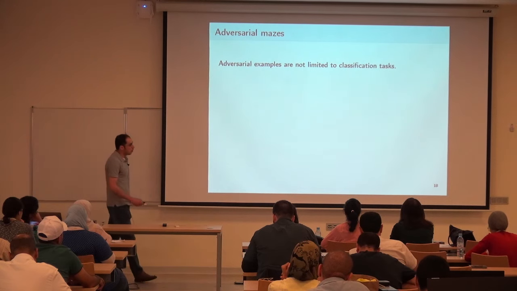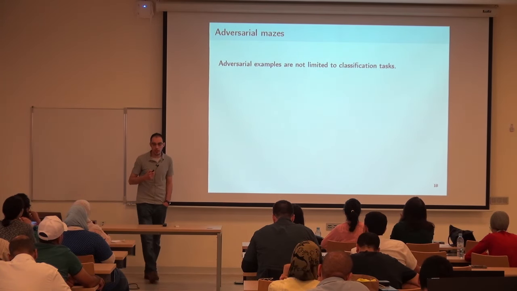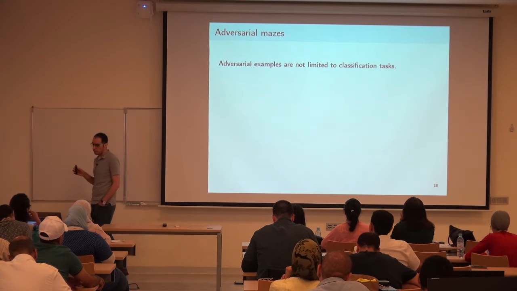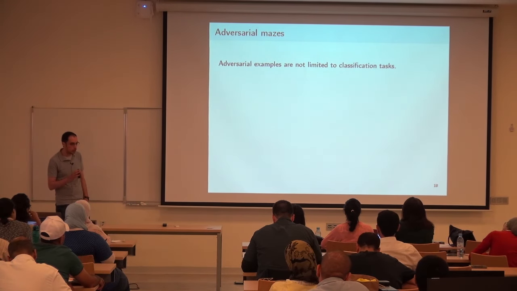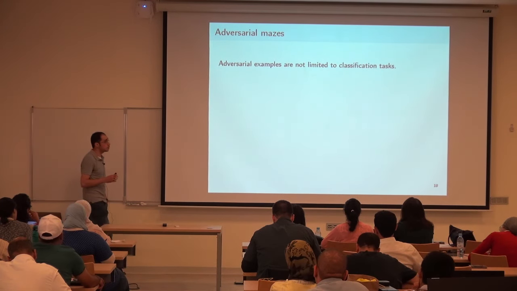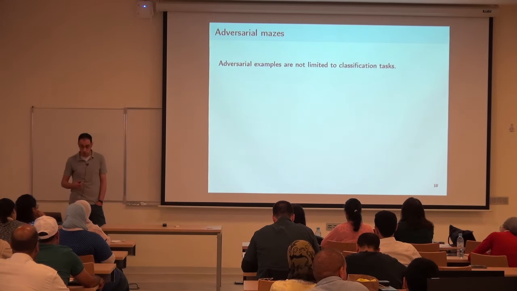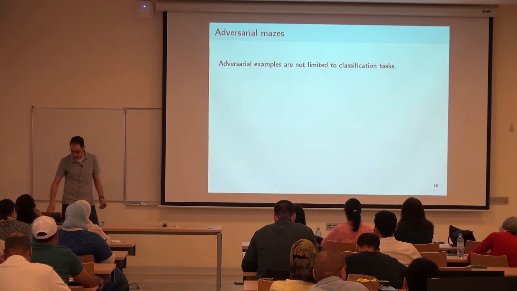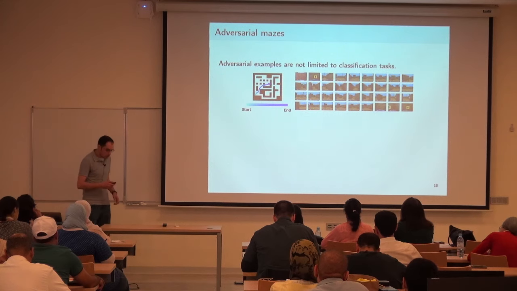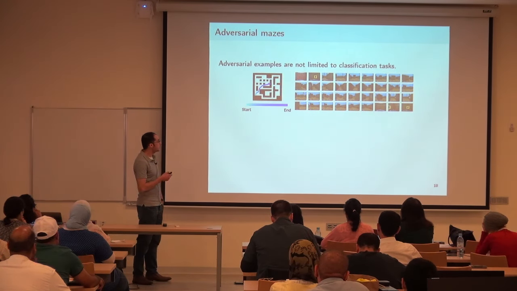Okay, so far I showed examples on classification tasks. Now I want to emphasize that this breaking of machine learning systems is not specific to classifiers. Instead, you can apply it to RL agents, for example, agents that do navigation tasks. Let's say you have a task to code an agent that does some navigation in a maze.